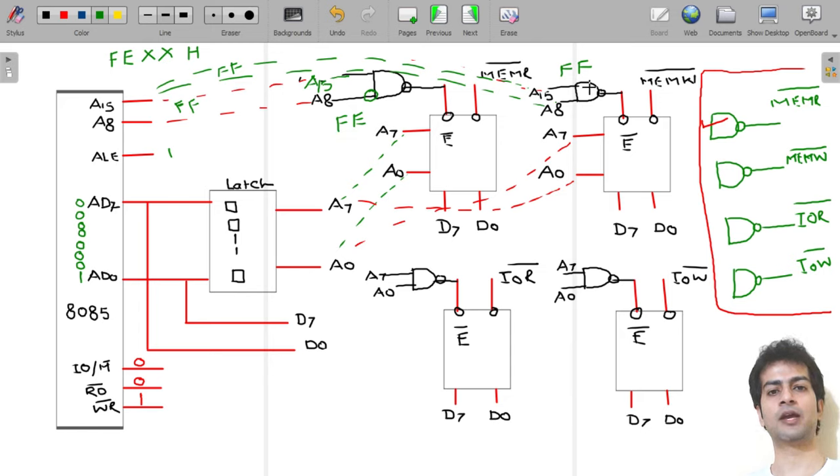Here it is FE, here it is FF, but we want to communicate with FE. This is the first scenario.